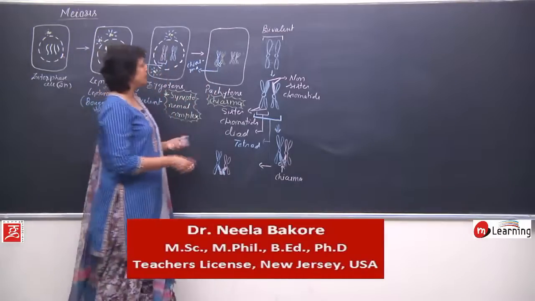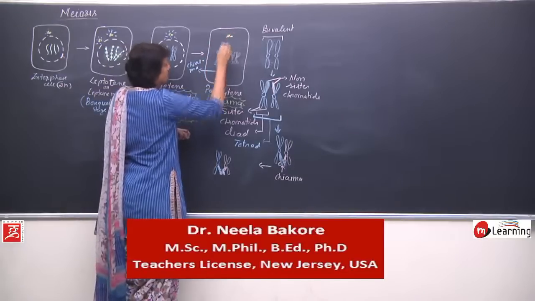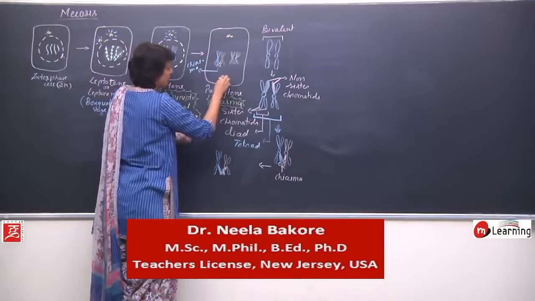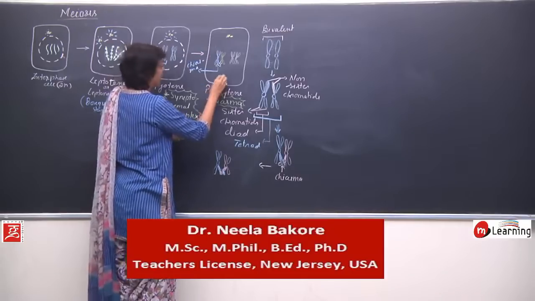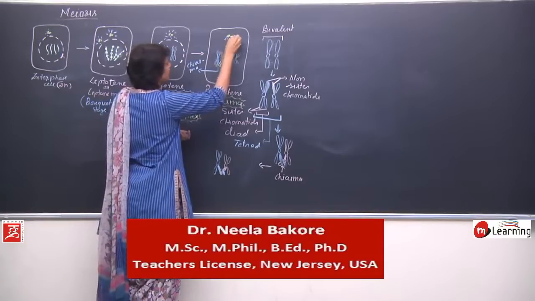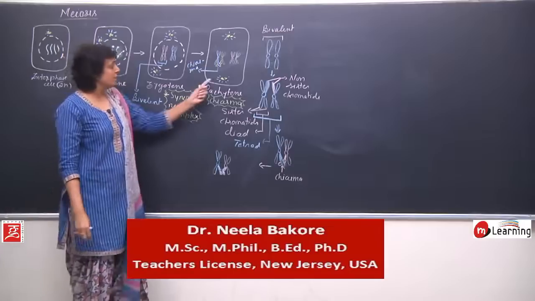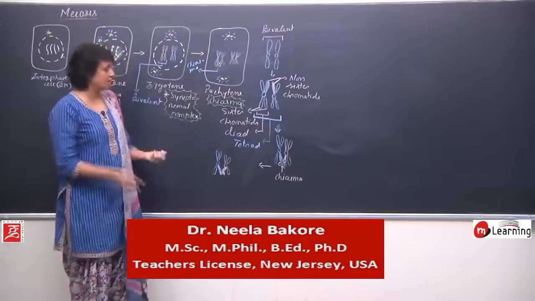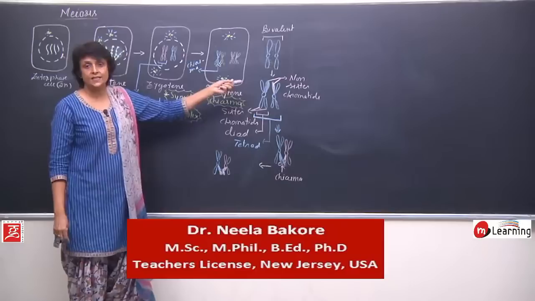Now this cell, let us draw this centriole also, which has reached the two poles with their aster fibers. Once this nuclear membrane is completely gone, we will start seeing the spindle fibers again. Now the cell enters the next subphase.